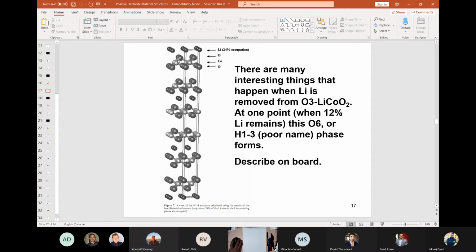Well, if you look at it, only every second layer has lithium in it. Oh, I see. There's lithium between these two cobalt oxide slabs, and if they're 24% occupied, then the next one has no lithium. That gives you 12% overall. Okay, I see. Pretty cool, right?